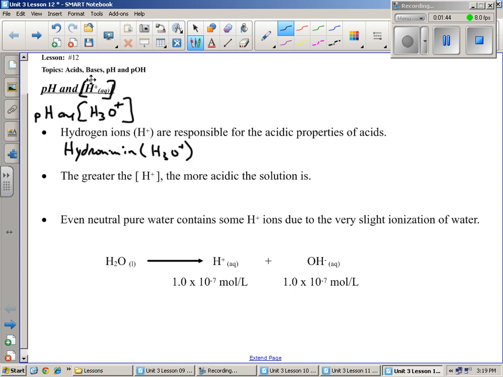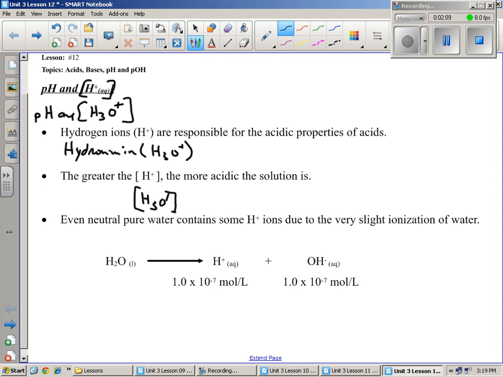Okay, hydrogen ions or hydronium ions are responsible for the acidic properties. pH is less than 7. Basically, the greater the H+ concentration, how do you get a greater H+ concentration?